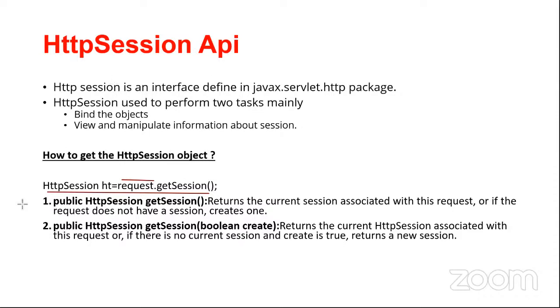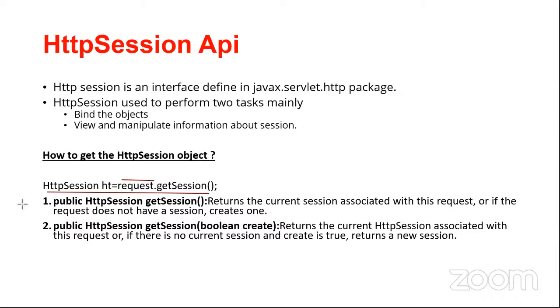There are two methods mainly to get the session object: getSession and getSession with a Boolean value. These are associated with the request object, remember, because we are trying to get it. If it is the getting part, it will compulsorily be with a request object.